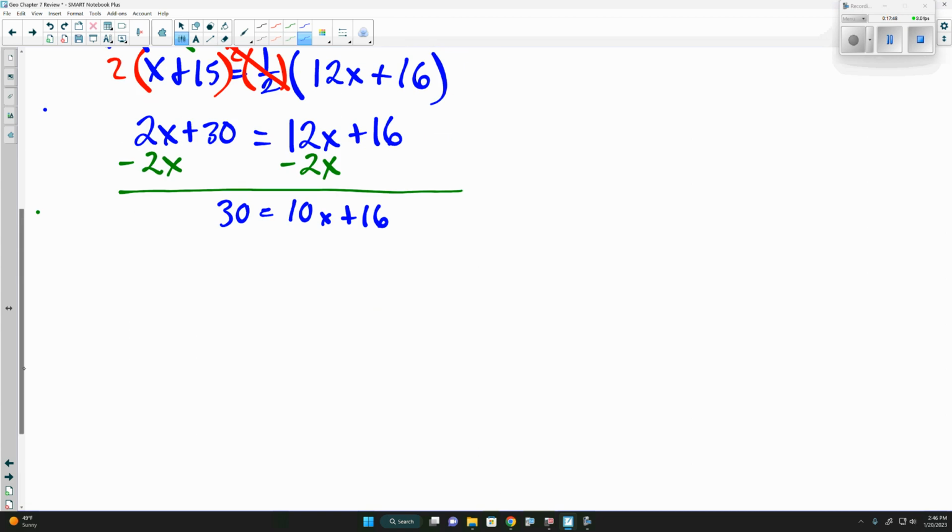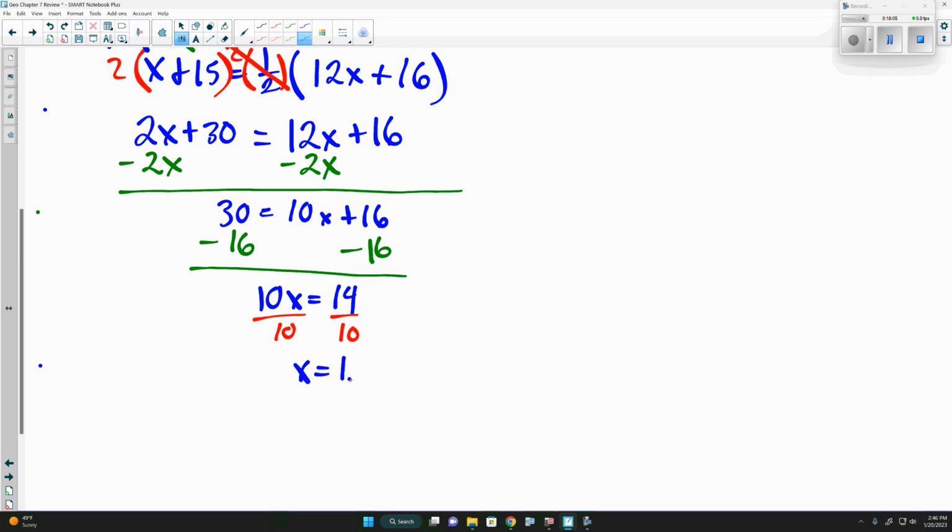Then we can minus 16 from both sides, telling us that 10x is equal to 14, last but not least, so x is equal to 1.4. So here it just asks for the value of x, so that's all we need to do. If we wanted to plug it back in, we could and find the values, but we don't have to.